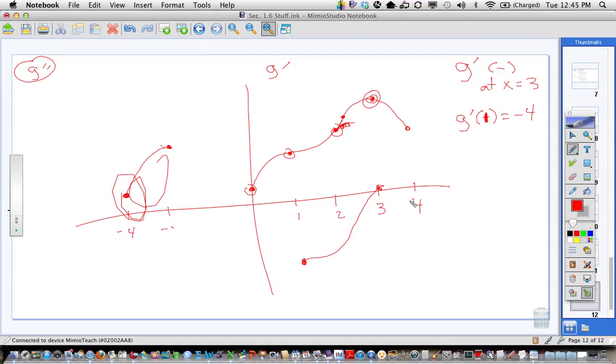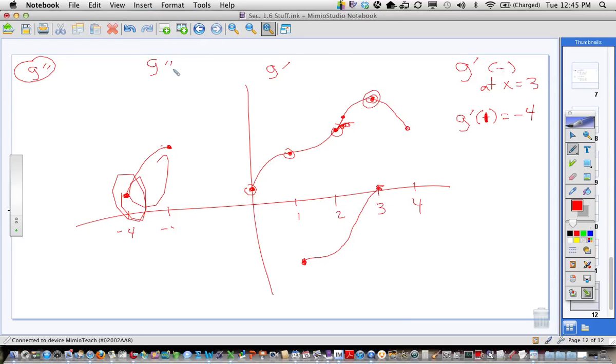Is there anything we know about G prime that tells me how fast it goes up or down? What tells me about how steep a graph is? It's slope, right? That's what tells me how fast a graph goes up or down. So how fast does G prime go up from 1 to 3?